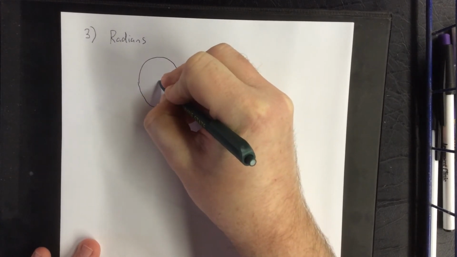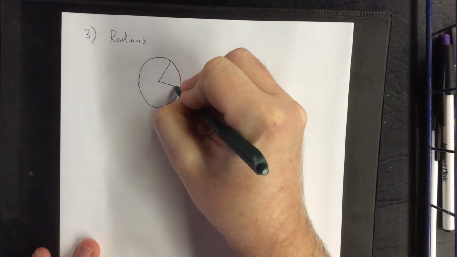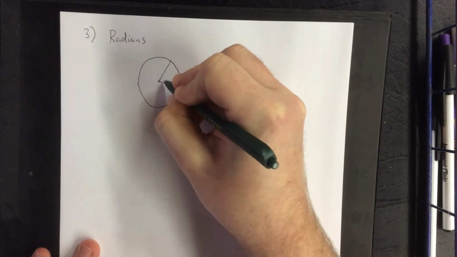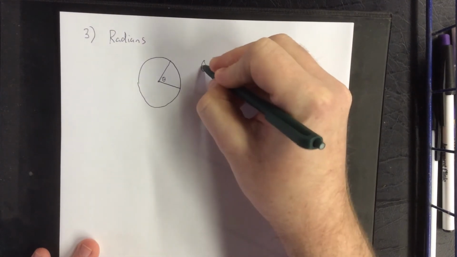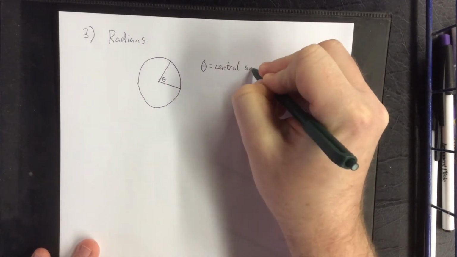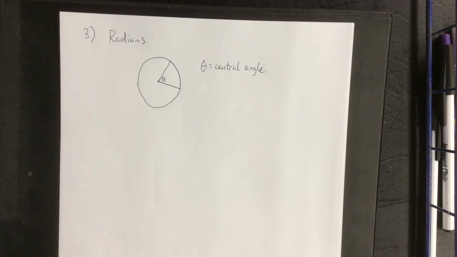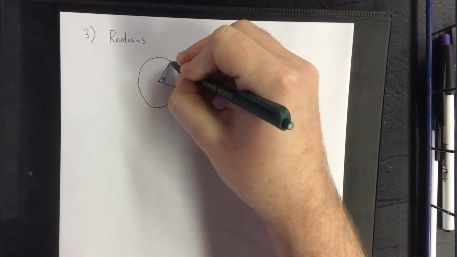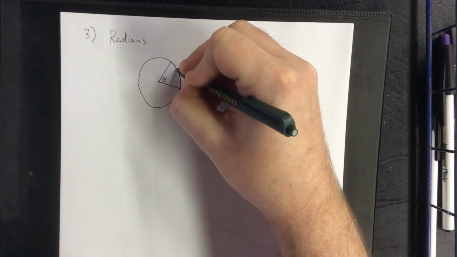If we put a point at the center of the circle and create an angle relative to the center of the circle, which we'll call theta, theta is referred to as a central angle. A radian is going to be defined as the ratio of the arc length subtended by the angle.